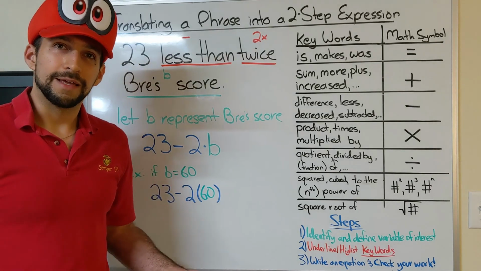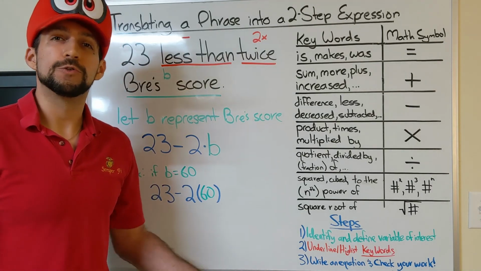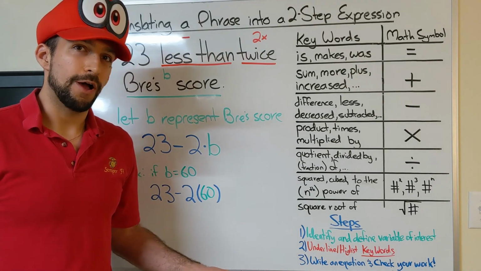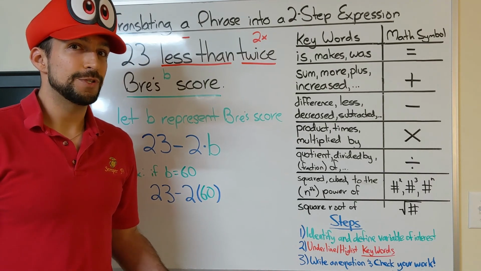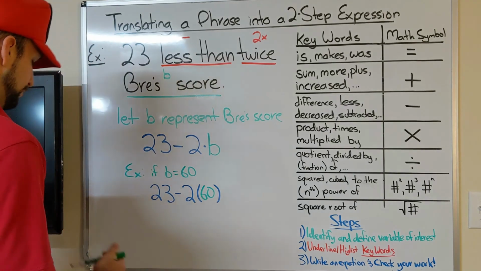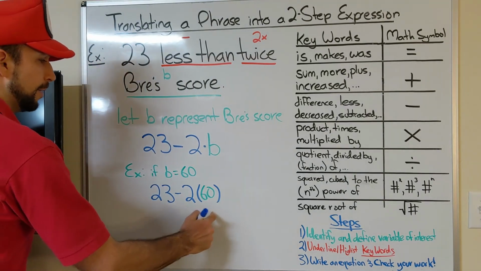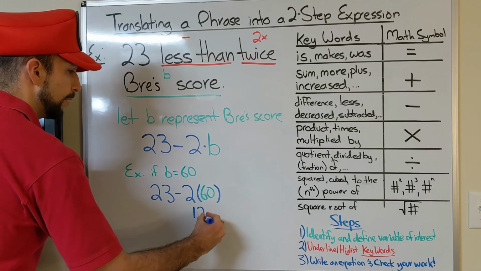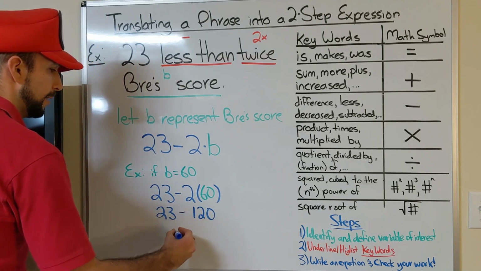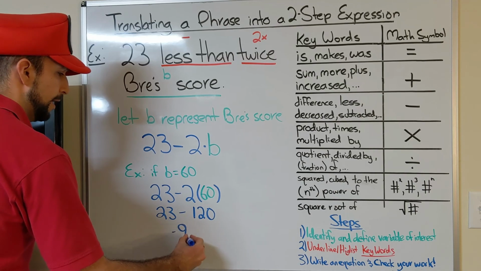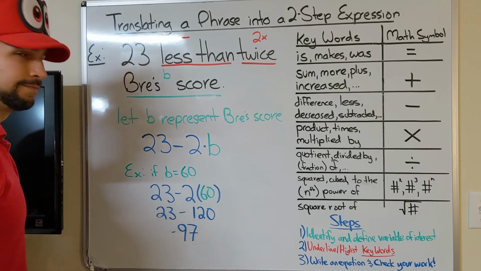Now we would think that twice 60 would be 120, and then we take 23 off of that to figure out that the other person got a 97, which is pretty darn good. Let's see what happens. 2 times 60 is 120. 23 minus 120 is negative 97.